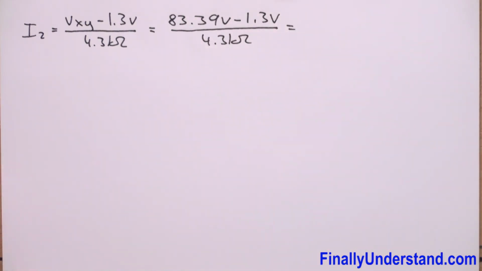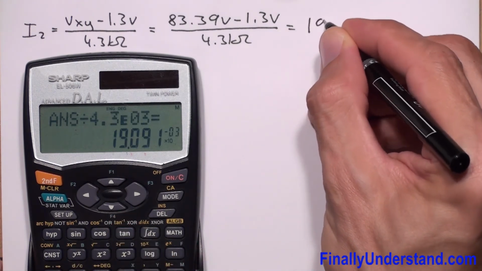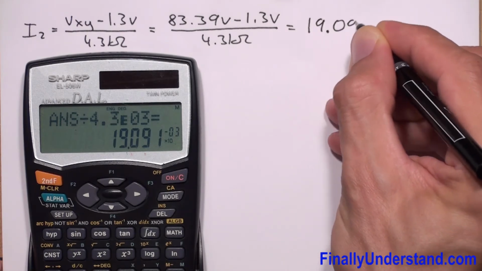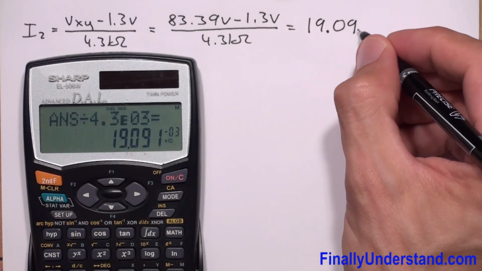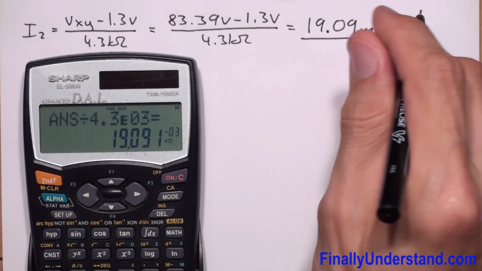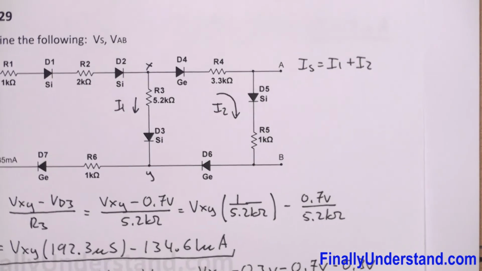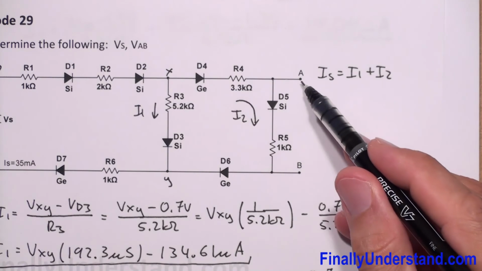This is equal to 83.39 minus 1.3 divided by 4.3 exponent 3, which equals 19.09 milliamps. This is my I2.